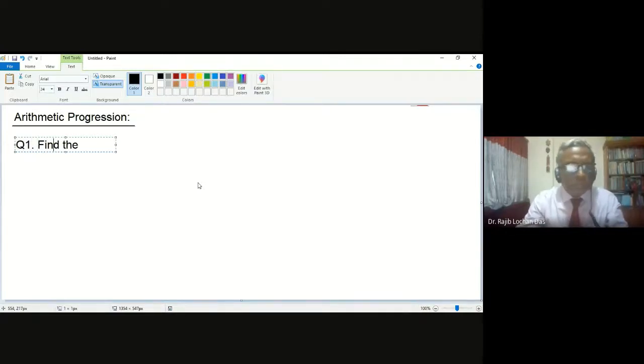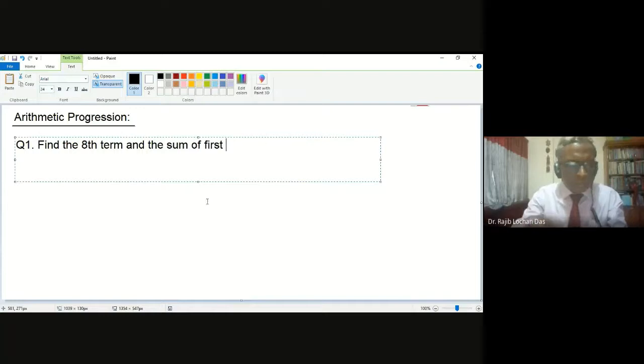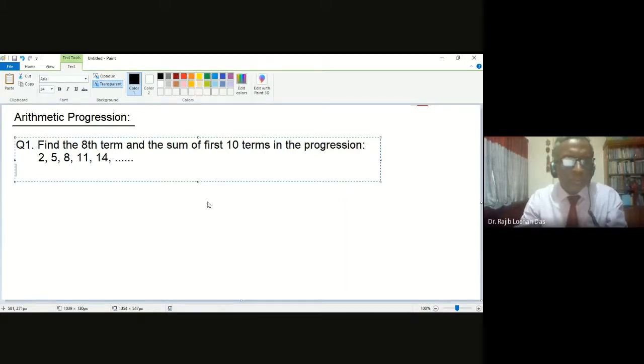Find the eighth term and sum of the first 10 terms in the progression, say 2, 5, 8, 11, 14, and so on. This is one question.